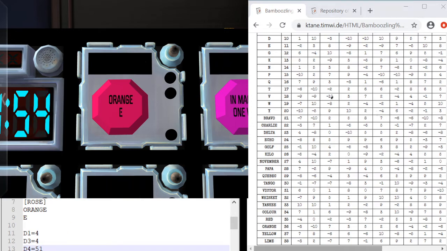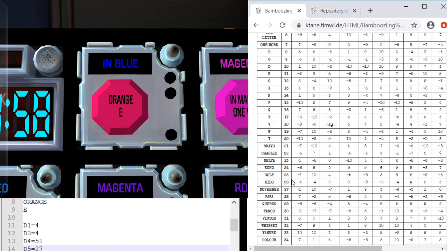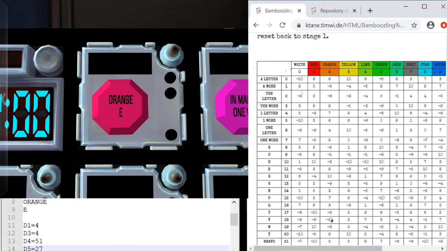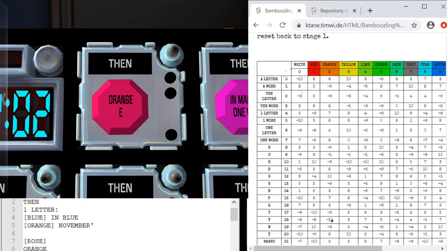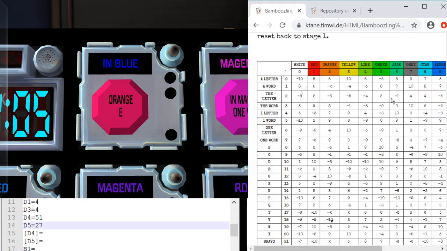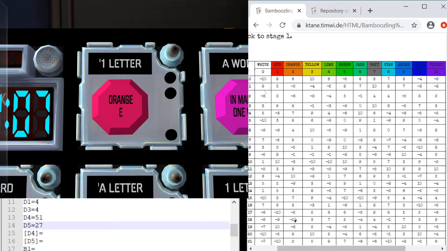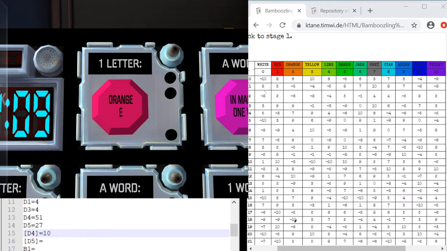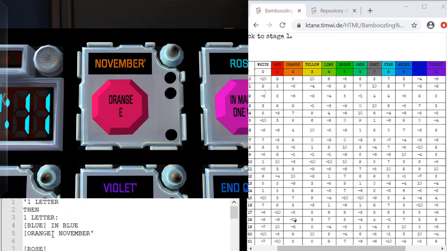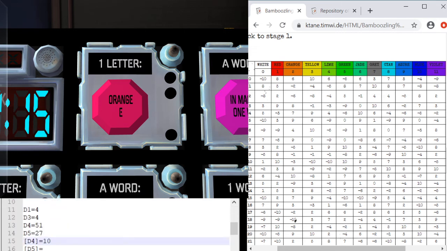This chart is very big, so you may have to do a bit of looking if you can't find it. And the color of the 4th line of text is blue, which is 10. And the 5th line of text is orange, which is 2.